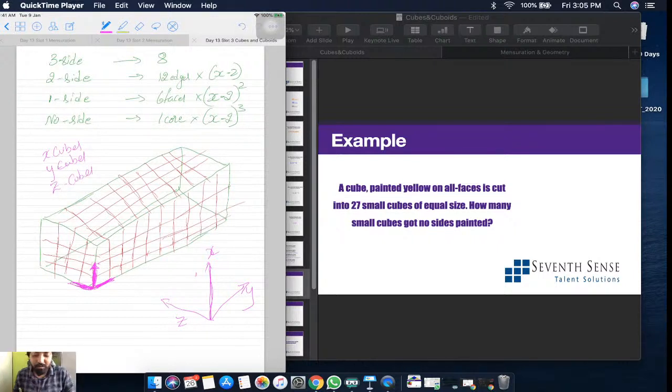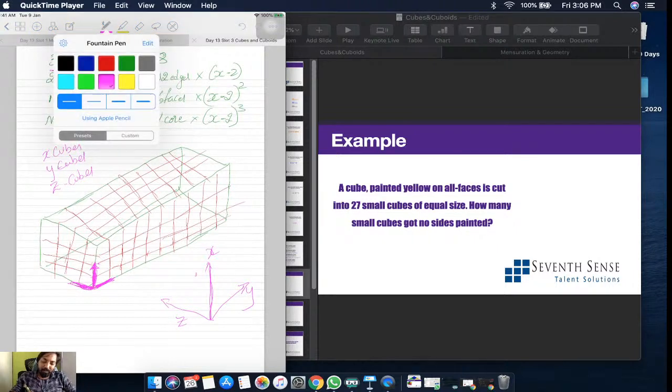Can you tell me how many three-side painted cubes will be there in this cuboid? The answer is 8.